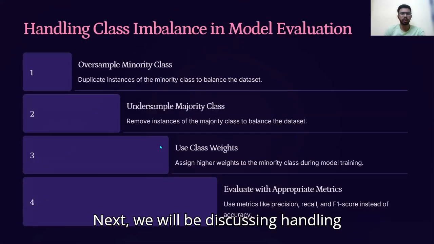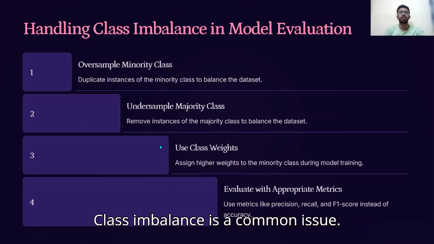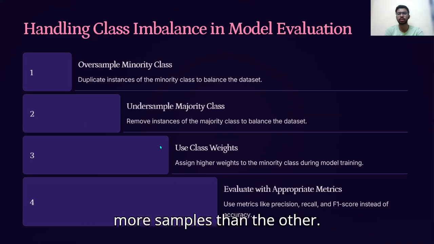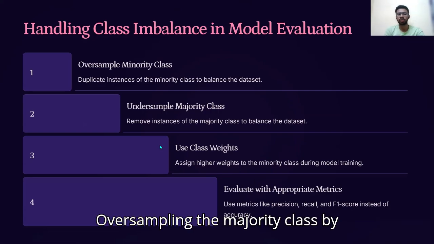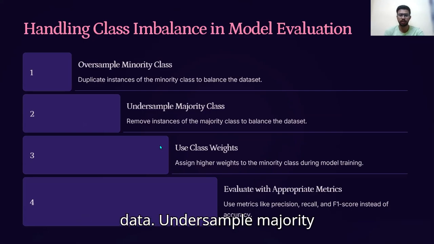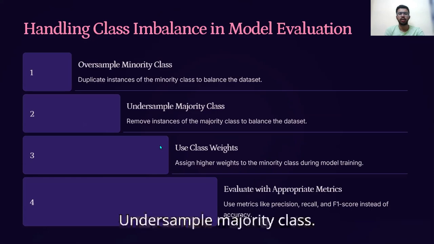Next, we will be discussing handling class imbalance in model evaluation. Class imbalance is a common issue, especially when one class has significantly more samples than the other. Here's how we can handle it. Oversample the minority class. Oversampling the minority class by duplicating instances can help balance the data. Undersample the majority class.